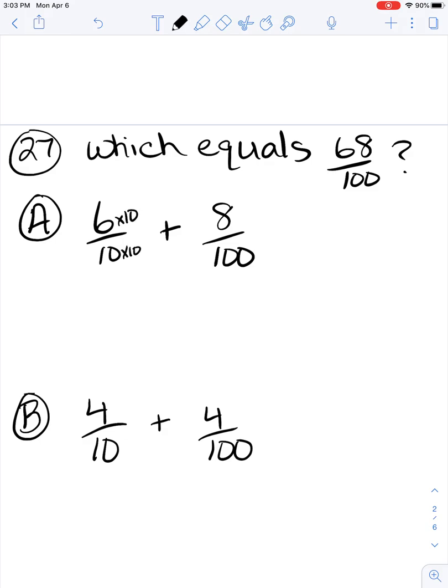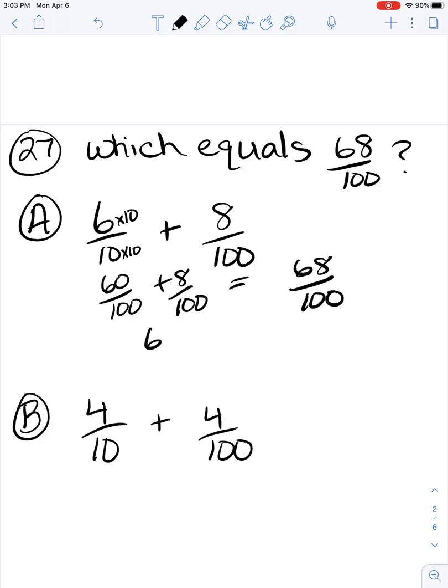So whatever I do to the bottom, I do to the top. So now I have 60 hundredths plus 8 hundredths equals 68 hundredths. I could have also done this. Remember, if you add a 0 to the bottom, you can also add a 0 to the top. Could have just done that.